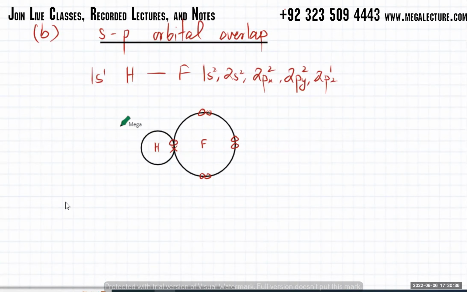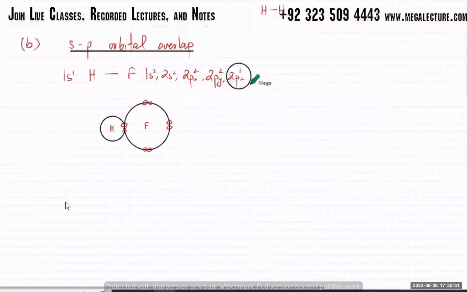Okay, now if fluorine is going to attract electrons, then it's going to put them in the 2p orbital, because that's the only place where there's room available. All the other places are filled. If hydrogen pulls an electron, it has the 1s1 that needs to be filled.